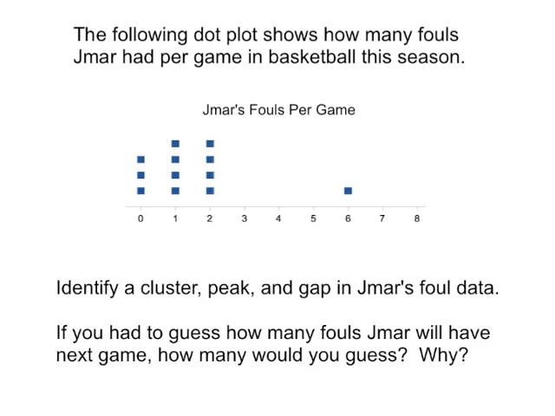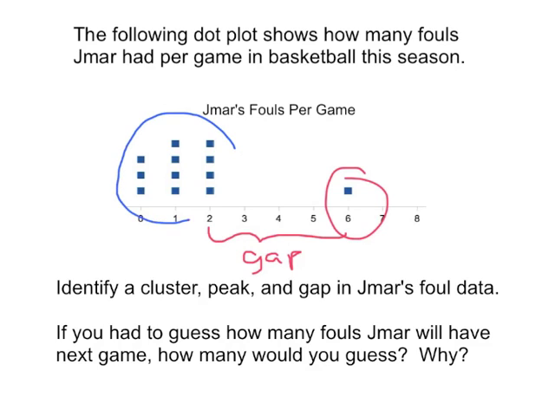Alright, so hopefully you can see that right here there's a large gap in the data. He must not have had a very good game that day. He had 6 fouls. We can see that there is a large cluster of data right here. And he peaked. He had mostly games of 1 or 2 fouls.